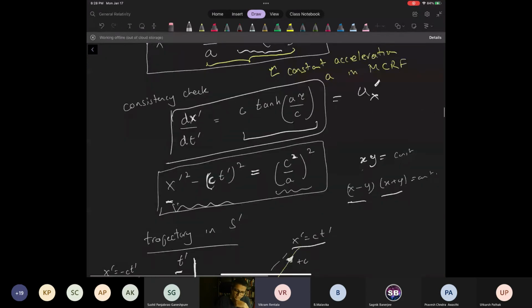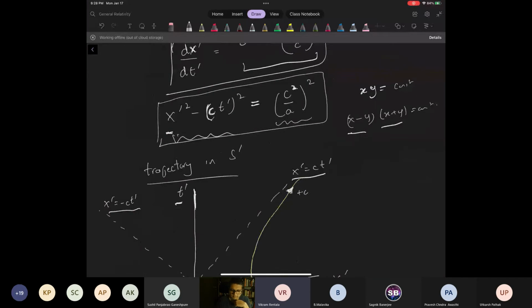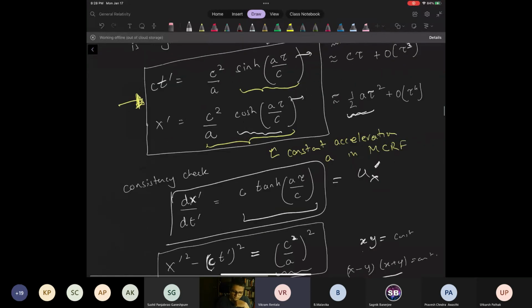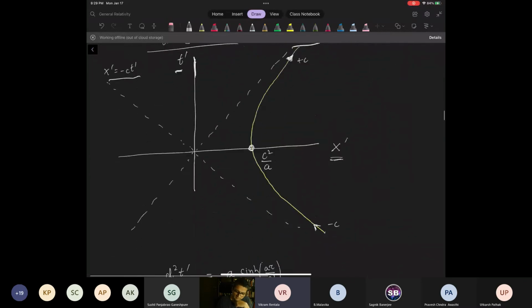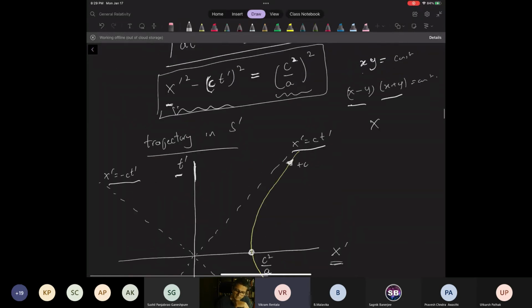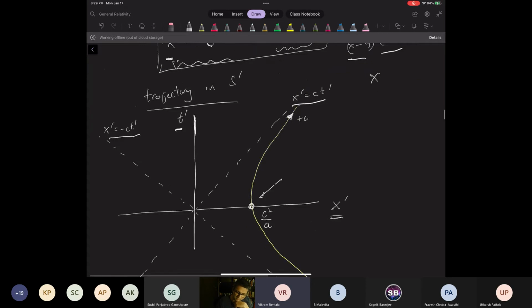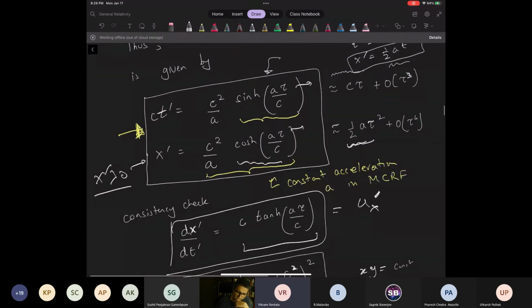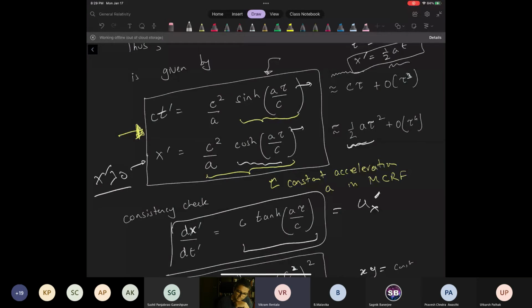And we're only considering the positive part of the hyperbola. That is, we started with only x prime greater than 0. So we're not going to draw the negative branch of the hyperbola. And the trajectory looks like this. It's a hyperbola with those asymptotes. And where does it intersect the x-axis? Well, it intersects the x-axis at the point where t prime is equal to 0.